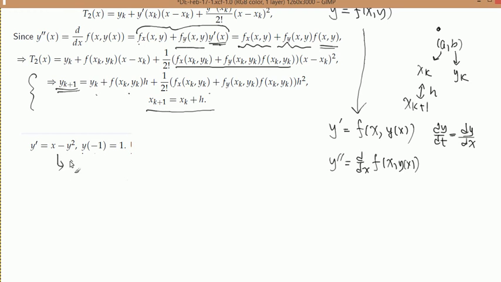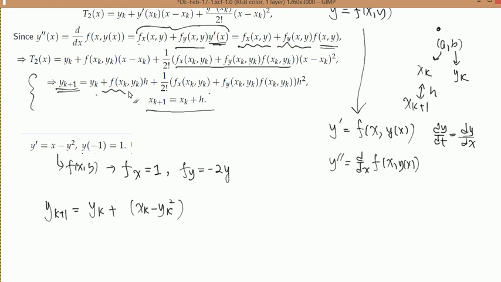So this is our f of (x, y), right? All right. So fx is 1, is that right? Fy is negative 2y, correct? So the formula is yk plus 1. Euler's method was really simple, and here it is yk plus h times f of (xk, yk). So you plug into this formula xk minus yk squared, right?